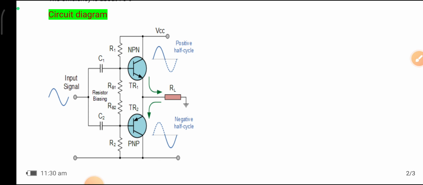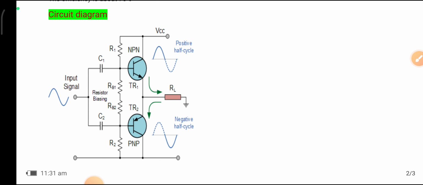The active point of these transistors is in the cutoff region. That's why these transistors amplify only one half of the input cycle, just the half wave of the input signal.